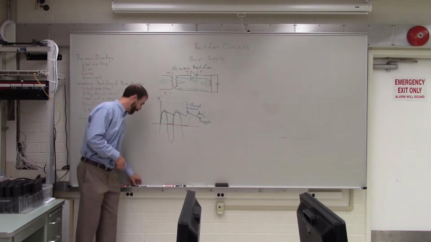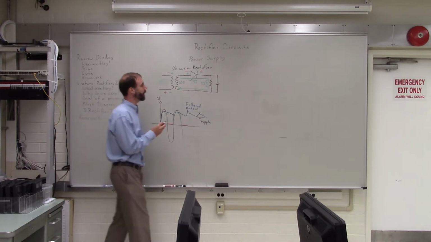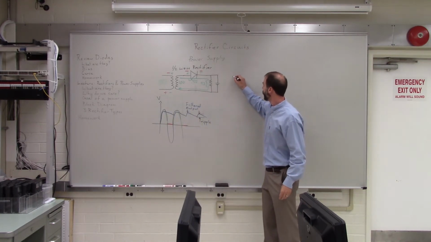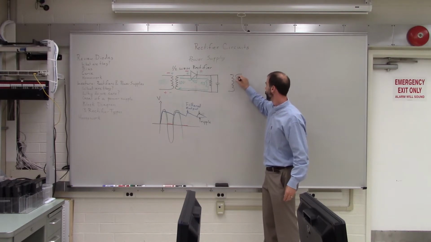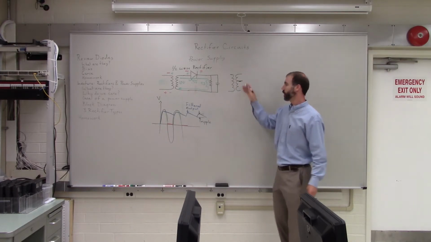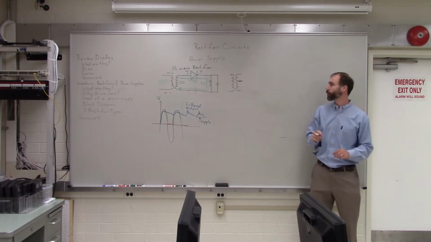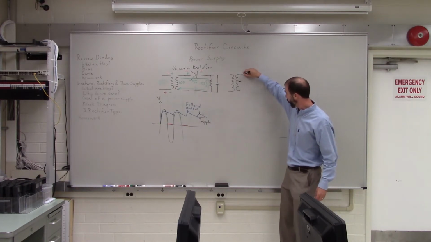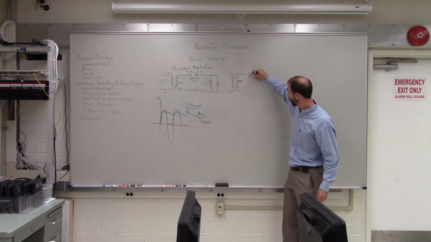Okay, so then the next circuit that we're going to look at, again, starts with the transformer. This type of transformer is special. It's got an extra wire right in the middle. This is called a center tap transformer. Okay, and this type of rectifier has 2 diodes.